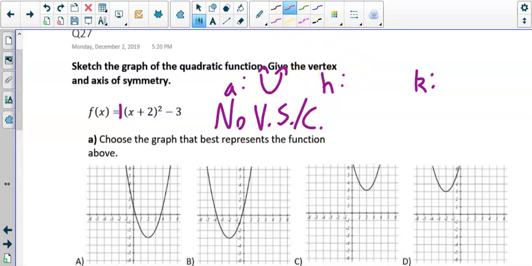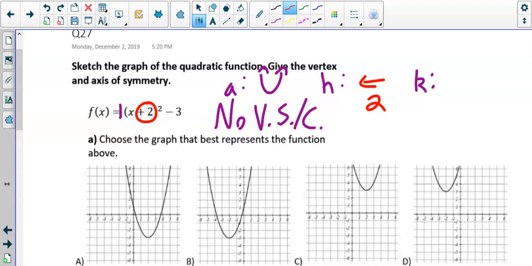So let's talk about H. Am I going to move left or right? You're going to move left. Because here it is. You're going to move left how far? 2. Remember, when you look at the H in the equation, it's the opposite of what you're thinking. So a positive 2, normally we would say, yes, let's move right. But it's the opposite.